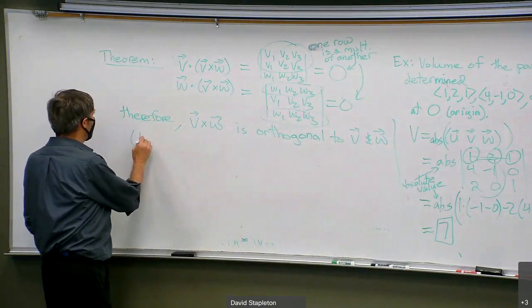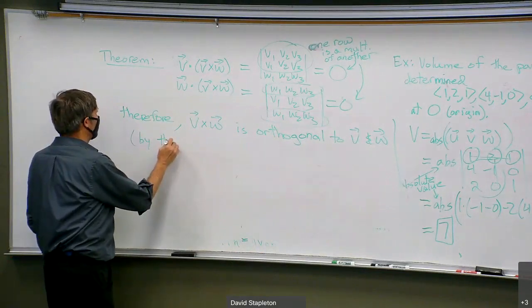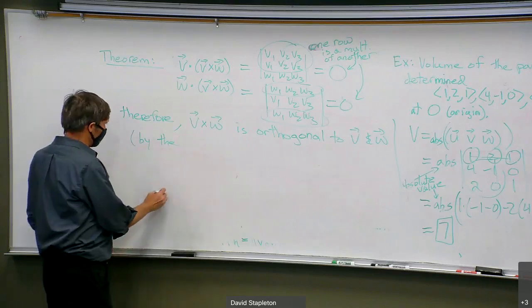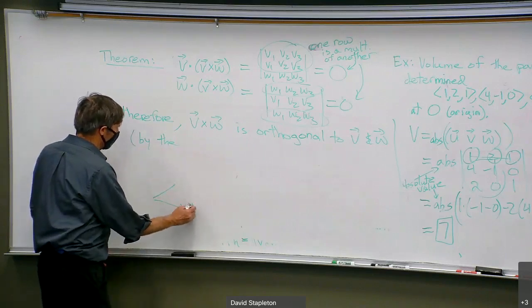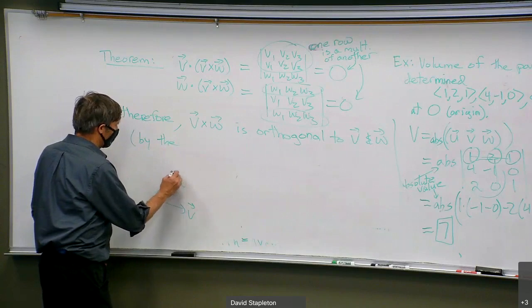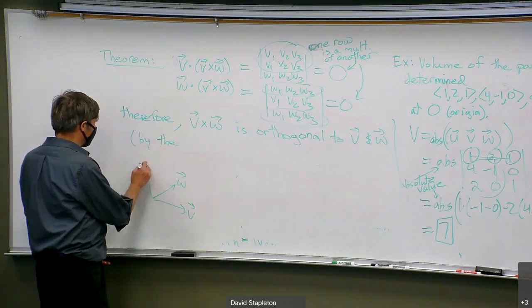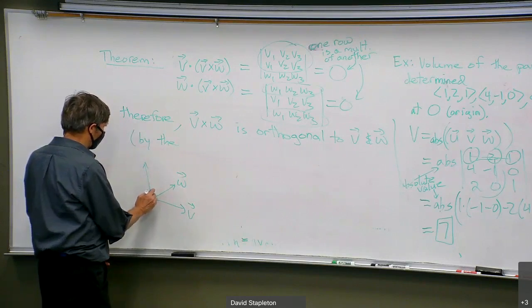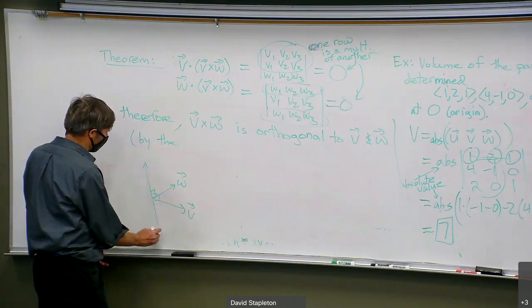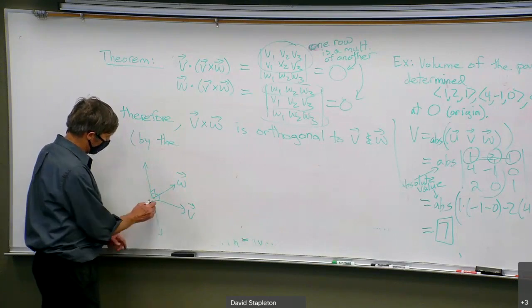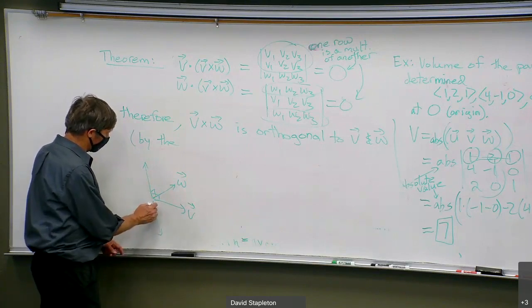It turns out by the right-hand rule, if you take two vectors, V and W, by orthogonal, do you mean this direction, perpendicular to both V and W, or do you mean this direction? It's a perpendicular vector up and a perpendicular vector down.